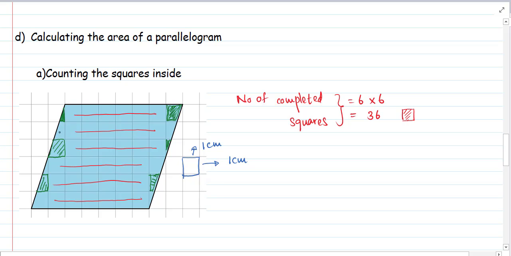Same thing here, by combining these two, these two, and these two. So how many new completed squares are there out of the partial portions? Here 1 square, another one 2, 3, here 4, by combining these two that is 5, by combining these two that is 6 new completed squares. There are 6, right?